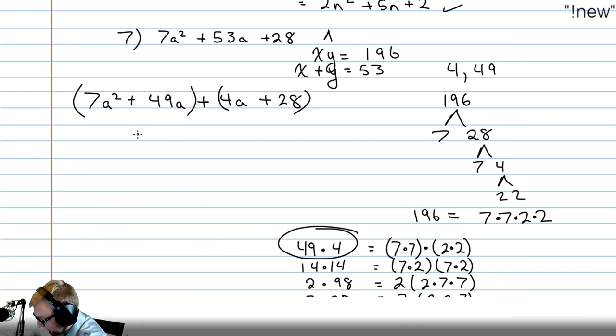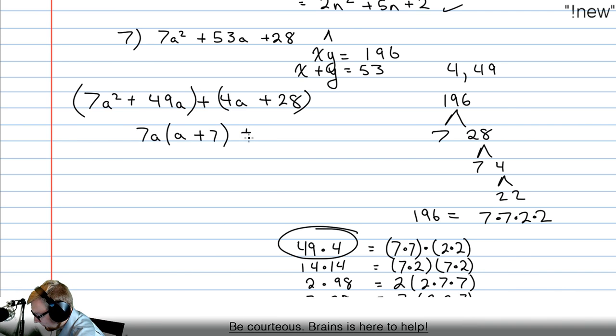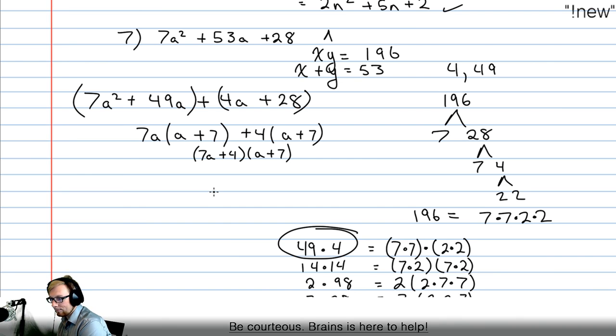Common factor for the first one is going to be 7a, and then you're going to be left with a plus 7 on the inside. Okay, next one. Your greatest common factor for the second one is 4, and you'll be left with a plus 7 on the inside as well, which gives you 7a plus 4, and then a plus 7. Good. There you go.